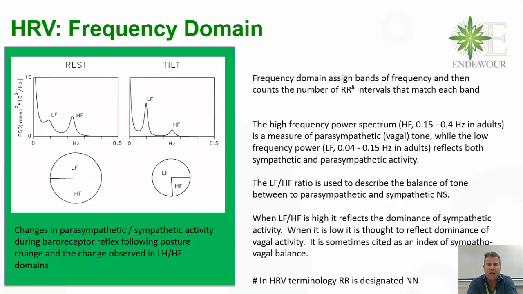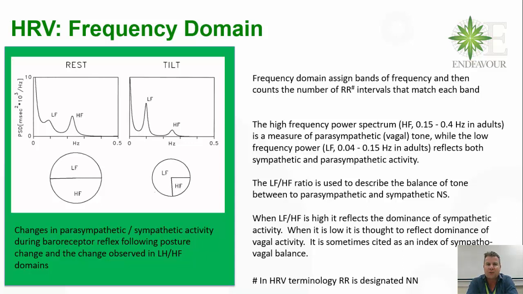But if we then ask that person to stand up or tilt, they have to adapt to that change in posture by increasing their heart rate to adjust for the drop in pressure to their head.